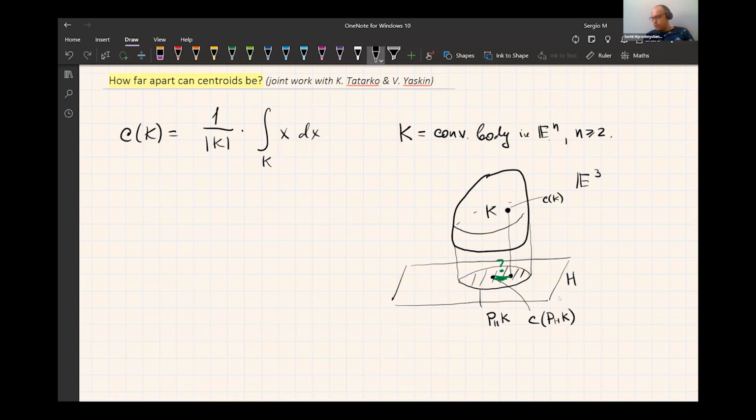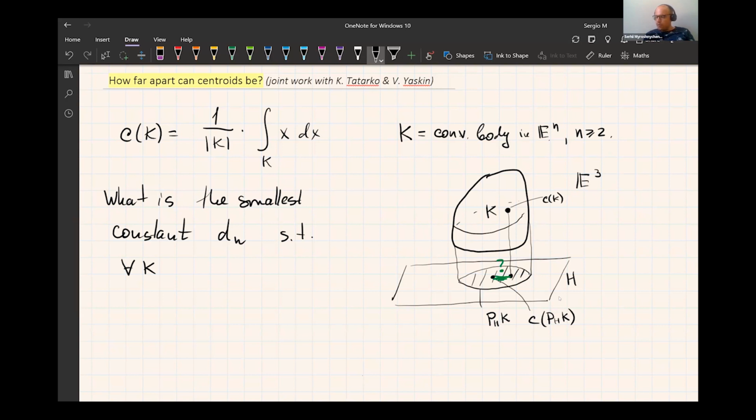Let me make it more official and talk about some technicalities to make this question well defined. The question is, what is the smallest constant D, and yes, it depends on dimension, so right now we're talking about D_3, such that for any convex body K, which lives in R^n of course, we have the following.